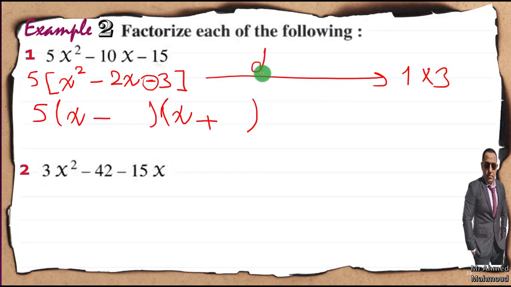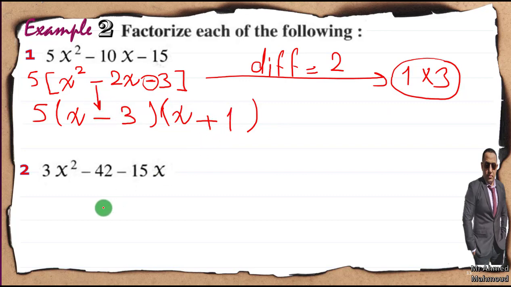I need two numbers. The difference between them equals 2. I have only 1 and 3. Because they are different signs, I'm going to write 3 with the sign of the middle. So 3 is here and 1 is here.